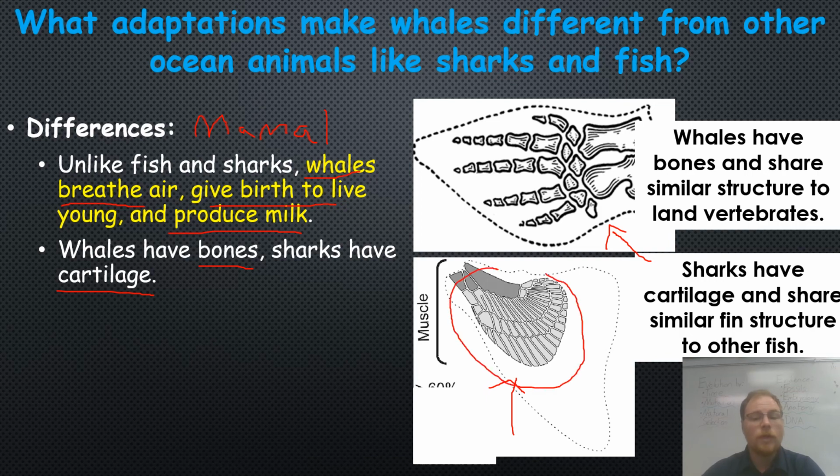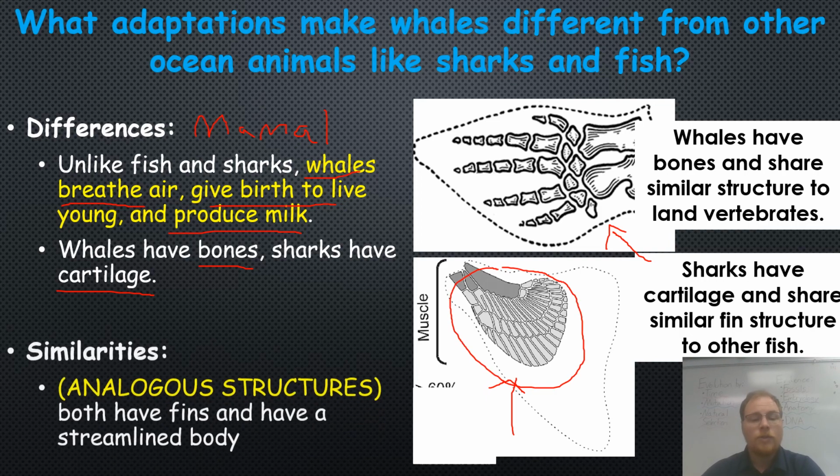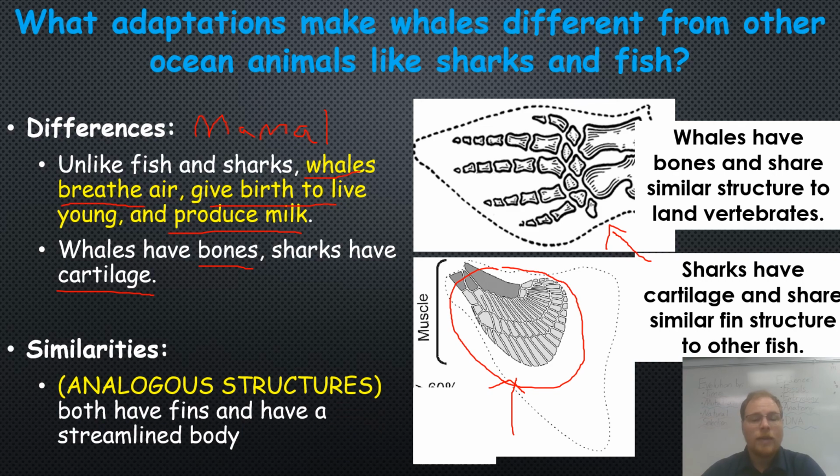It's more muscle and cartilage. Now, these are differences. They might have the same function between these two fins, but they have completely different structures. They have different structures in the fins and streamlined body because they're water animals.